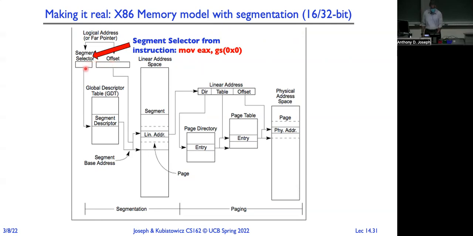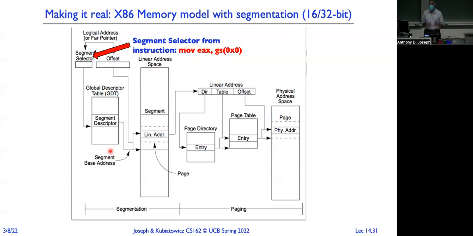It could either contain the segment, or the segment can come from the instruction itself. Here the segment comes from the instruction. It's the GS segment, and that's the segment selector. The segment selector selects a segment descriptor. We look it up in our global descriptor table.